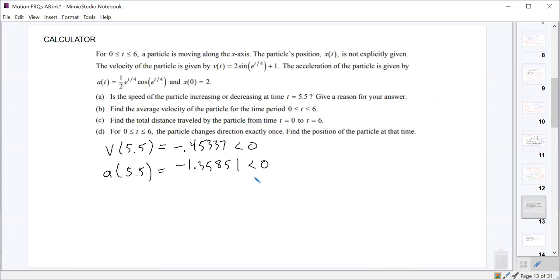And since those have the same sign, we would say that the speed is increasing. And that is worth 2 points right there for noting that it's the same sign, therefore it must be increasing. Good or no?